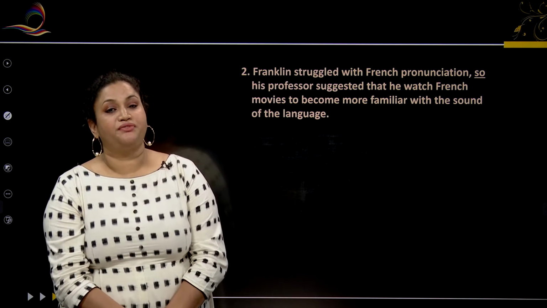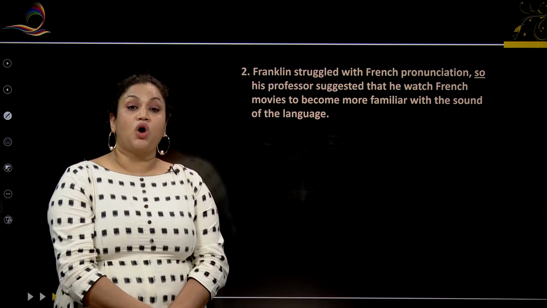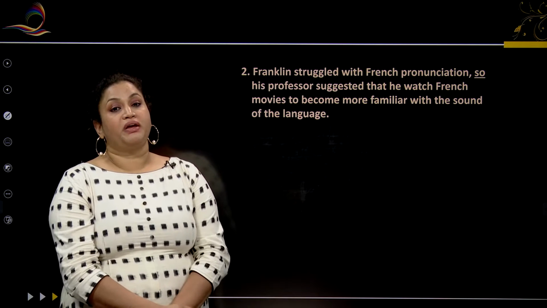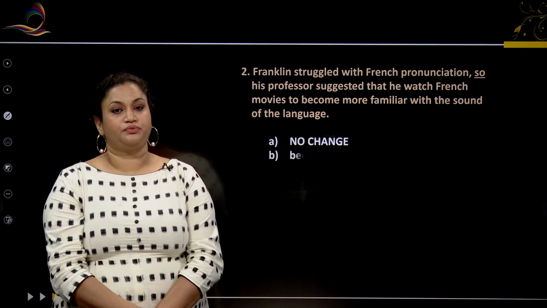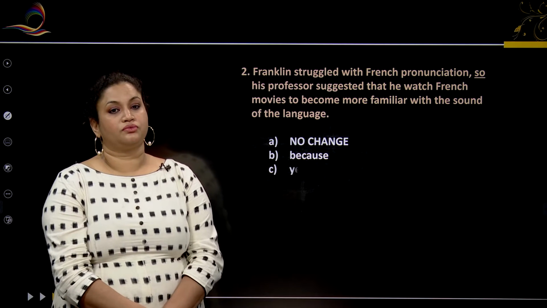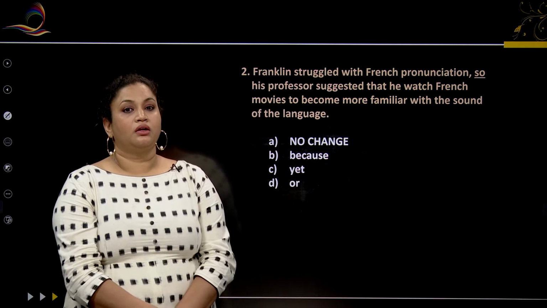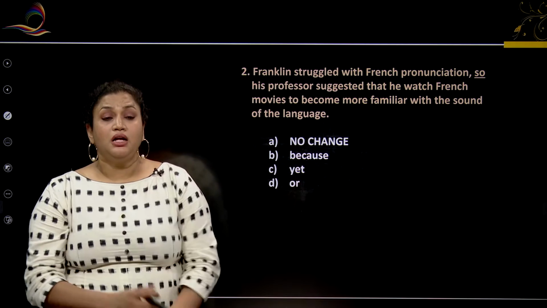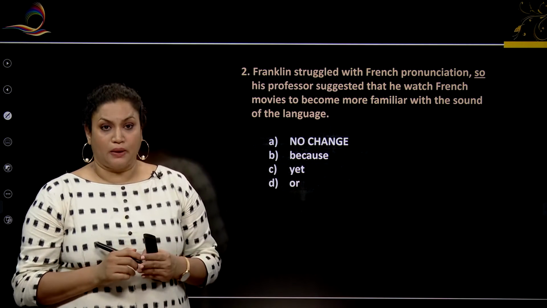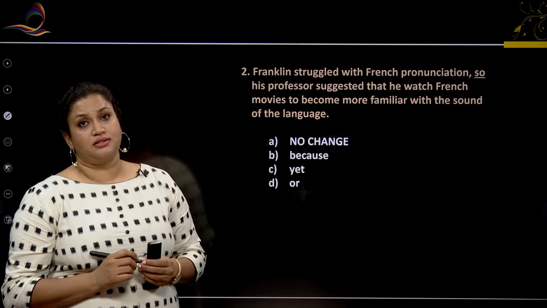Franklin struggled with French pronunciation, so his professor suggested that he watch French movies to become more familiar with the sound of the language. Now here, when you read the sentence, C, Franklin struggled with French pronunciation.